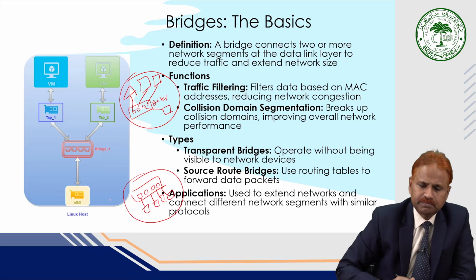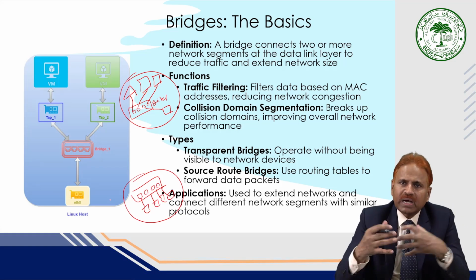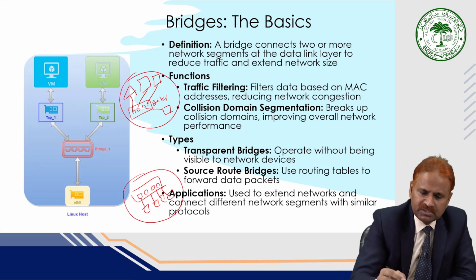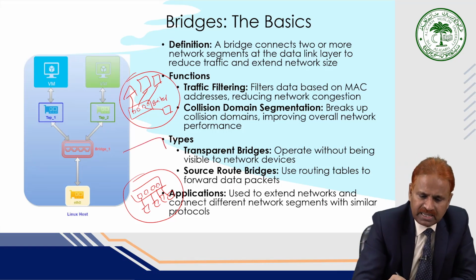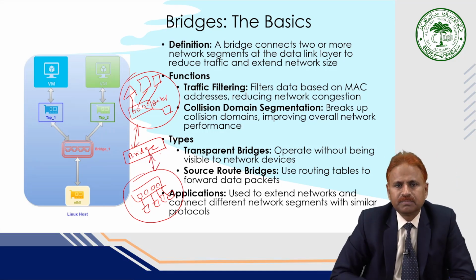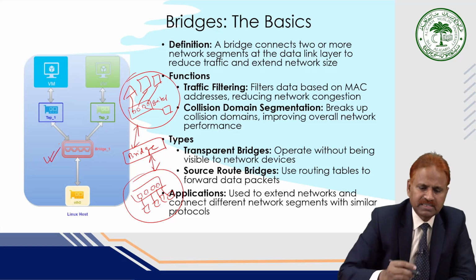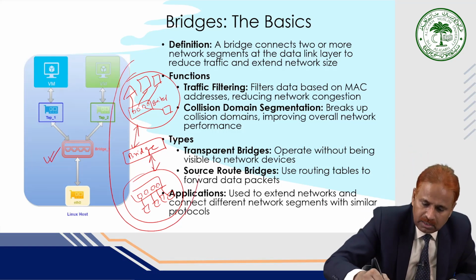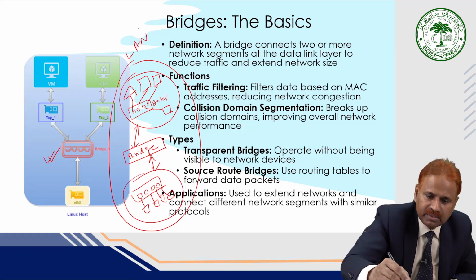This is another LAN, and if we want to connect these two LANs with each other, there is a device known as a bridge. A bridge is nothing but a switch-like device. You can connect these two LANs with the help of a bridge, thereby making the whole network a single network.